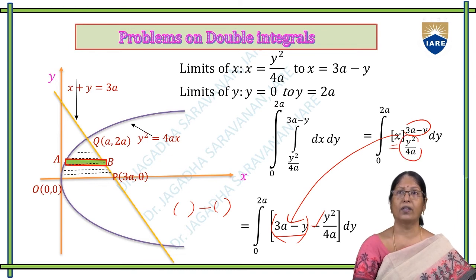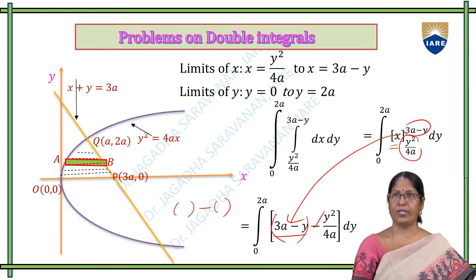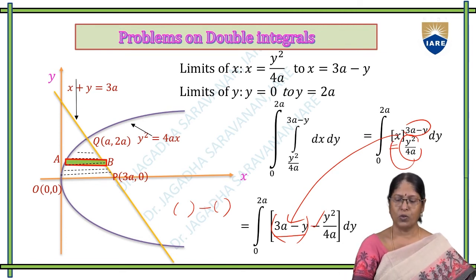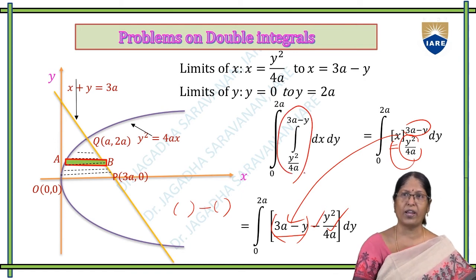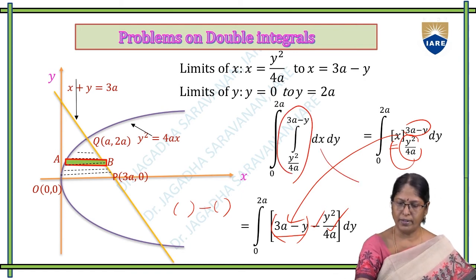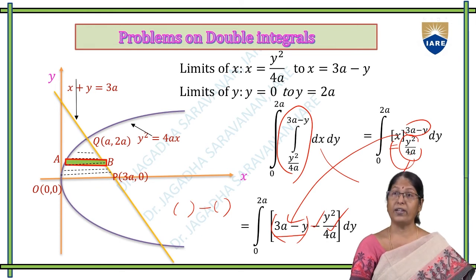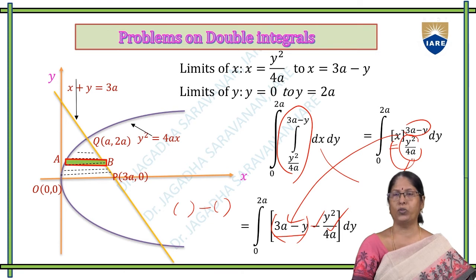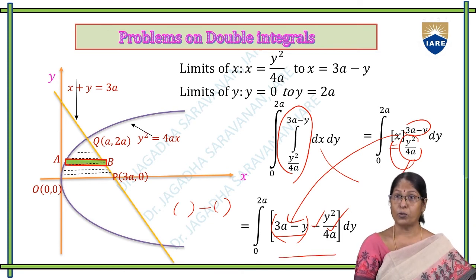The lower one is y square by 4a, so in the place of x we are substituting, and we got y square by 4a. We completed this interior integration, and we substituted the limits also. Finally, we obtained the integration with respect to x.